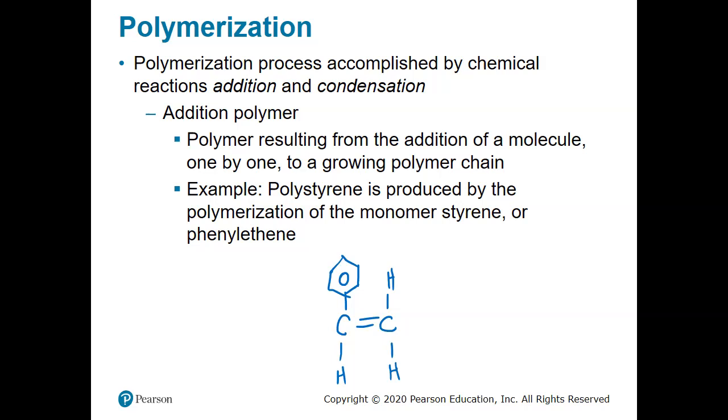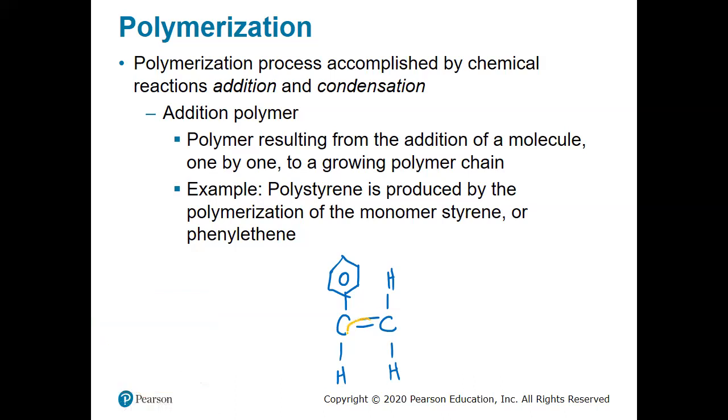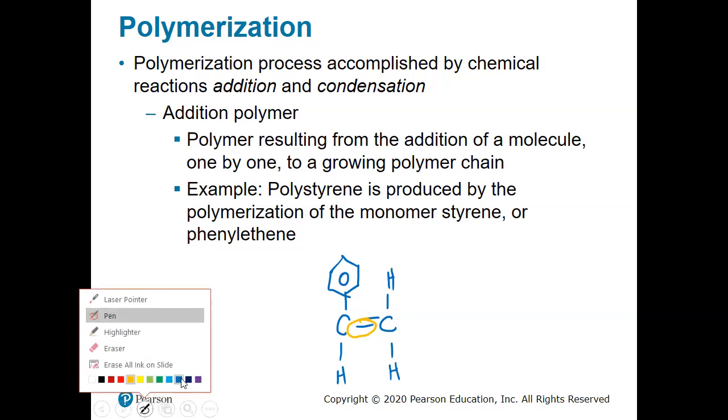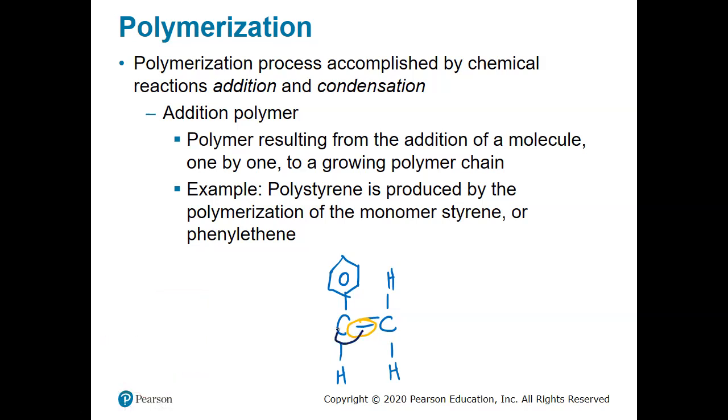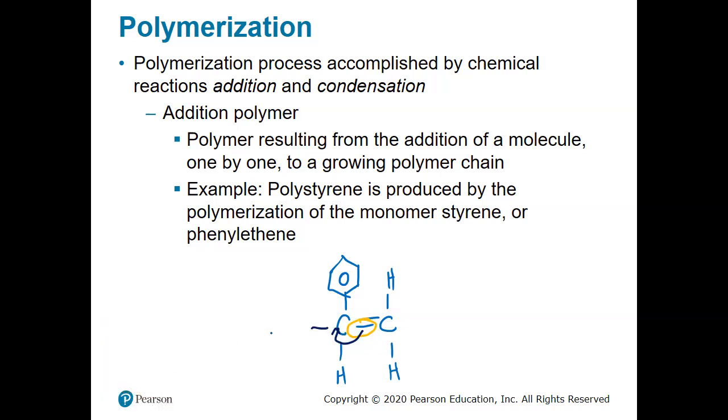And what happens is that as the polymer grows, basically we can look at this double bond here and note that one of those bonds is going to leave and hook up to another styrene.